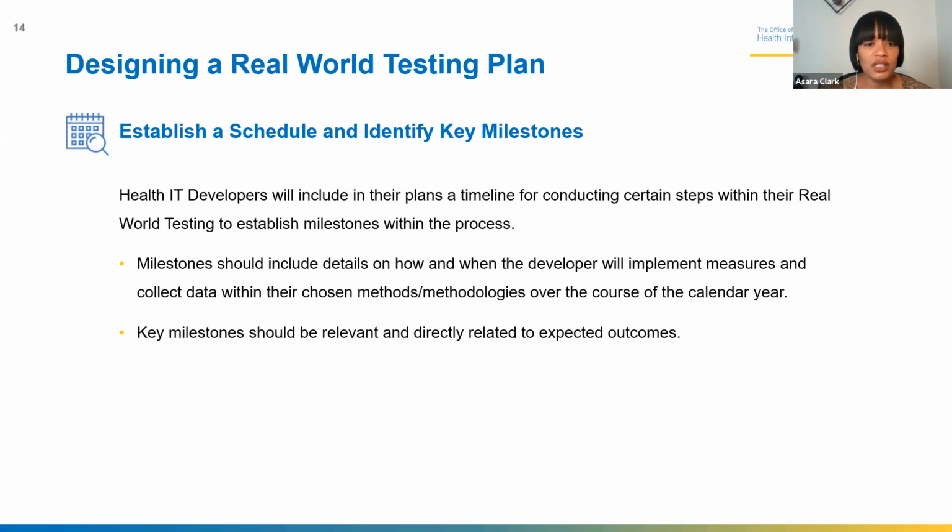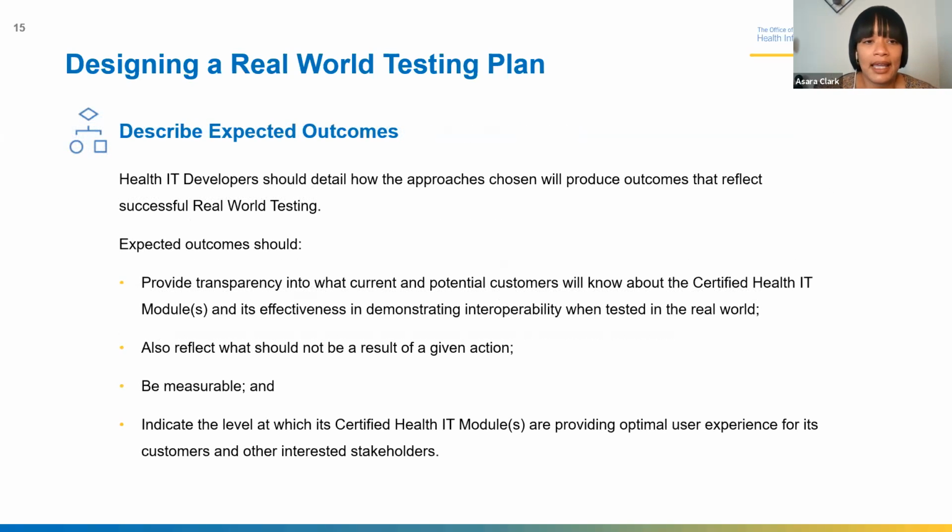So you want to just make sure that the milestones include details on how and when the developer will implement certain measures and collect that data. And these key milestones should be relevant and directly related to expected outcomes. Now that's going to take me right into the next slide where you're going to need to describe these expected outcomes as an element within your plan as well.